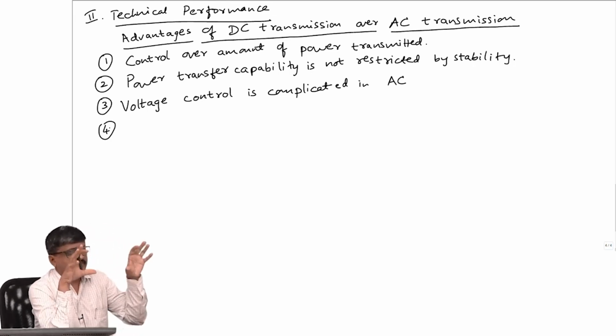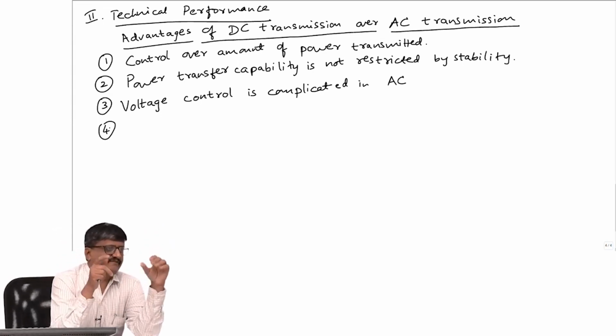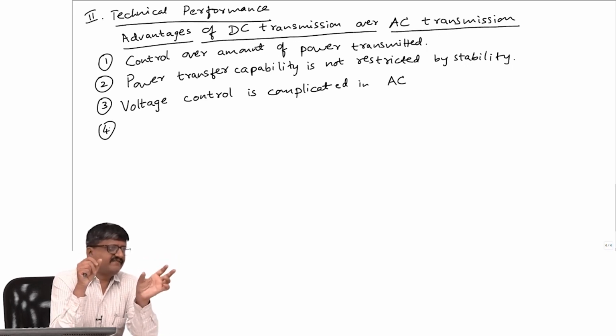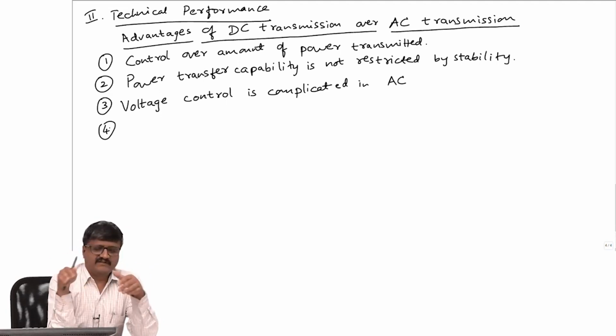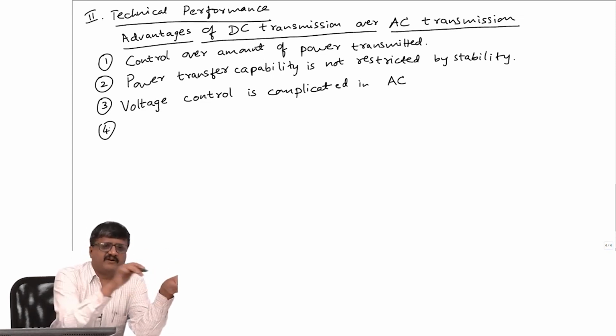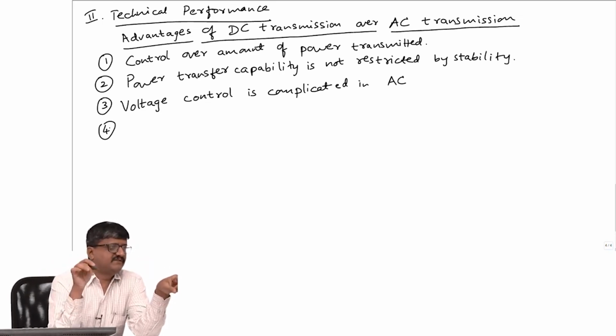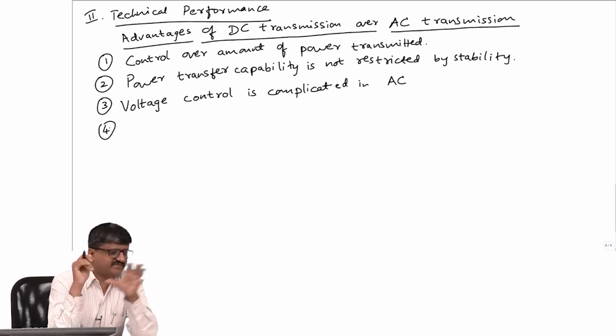Then there is one major advantage of DC. Suppose I have two independent systems that I want to interconnect for sharing of power. If I have the option of AC and DC, I can choose based on various reasons. If I use AC, there is one disadvantage: a disturbance in one system will propagate to the other system through the AC transmission line. On the other hand, if DC is used, the disturbance propagation is minimized to a great extent.